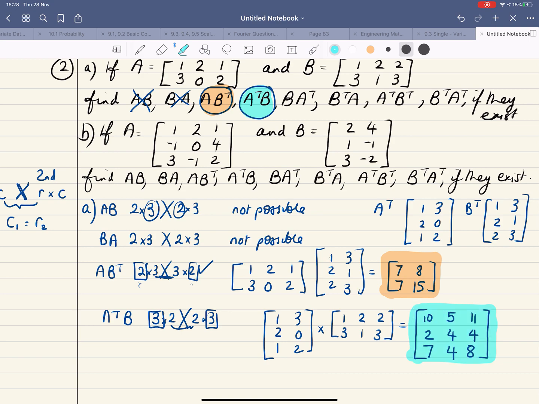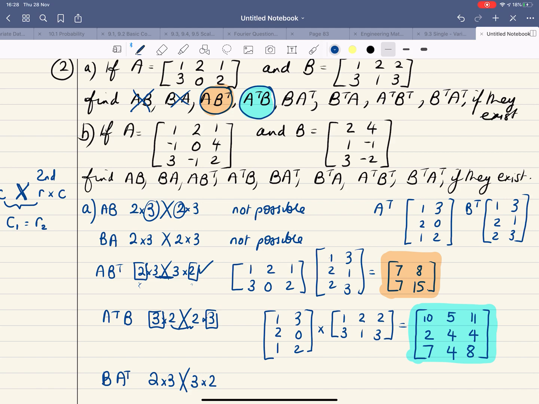Okay, right, BA transpose. B is 2 rows, 3 columns, and A transpose is 3 rows, 2 columns. So I'm going to have to do another one.